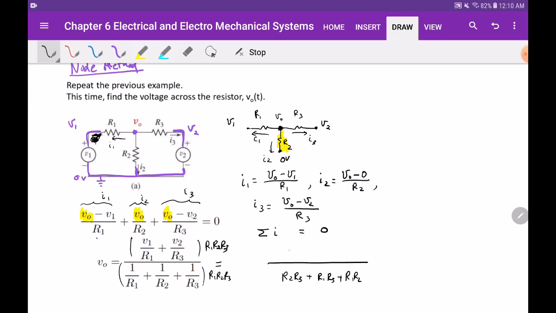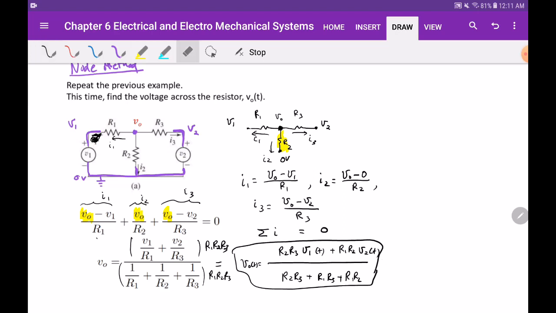For the numerator, you have R2 times R3 times V1 of t, plus, what's the next one? R1 times R2 times V2 of t. That's equal to V out of t. That's the final answer.